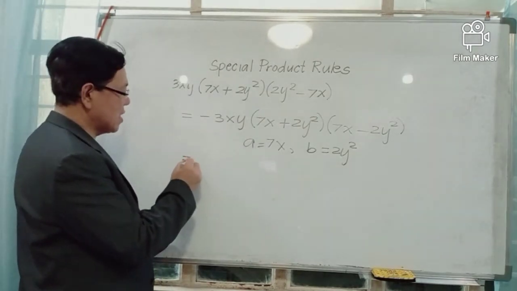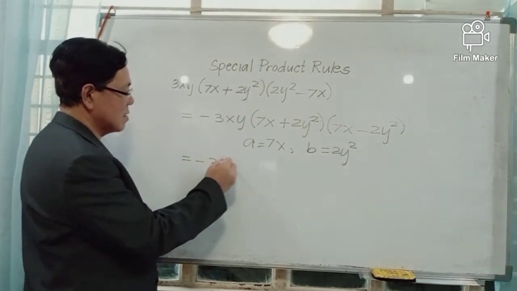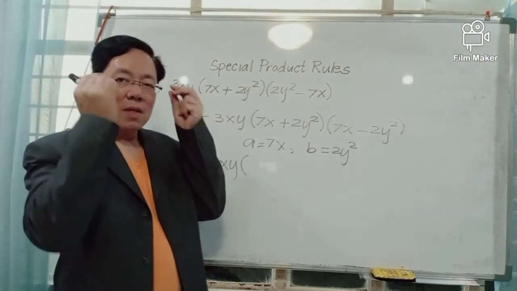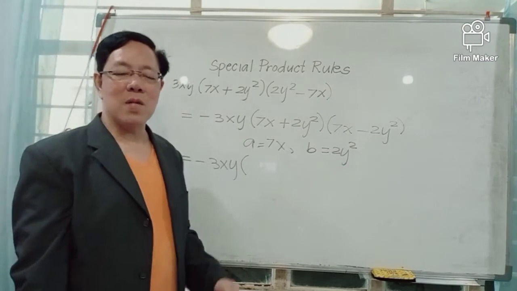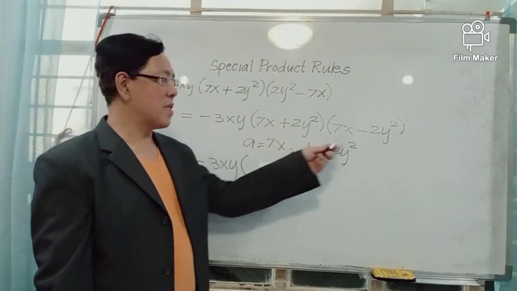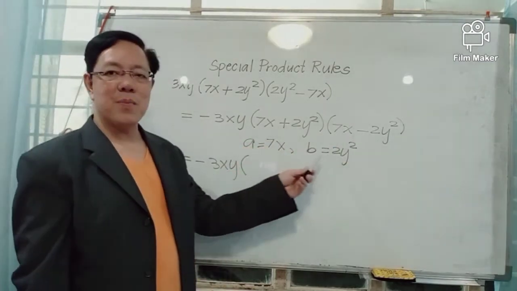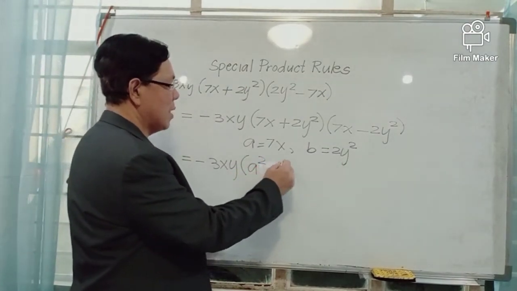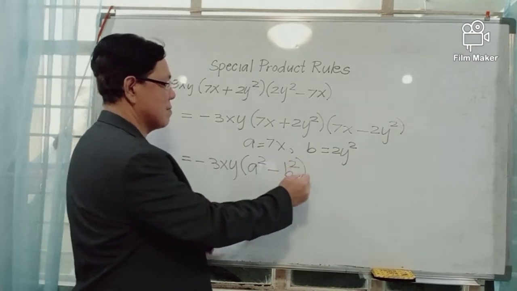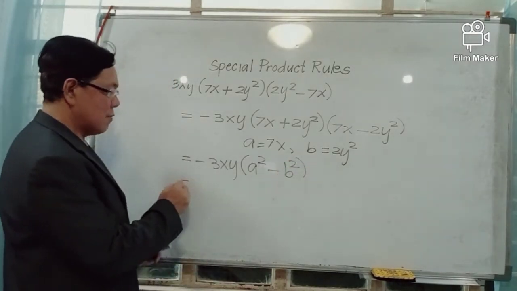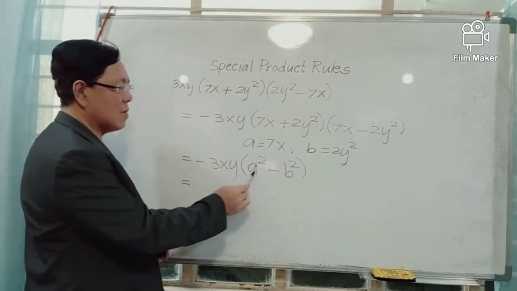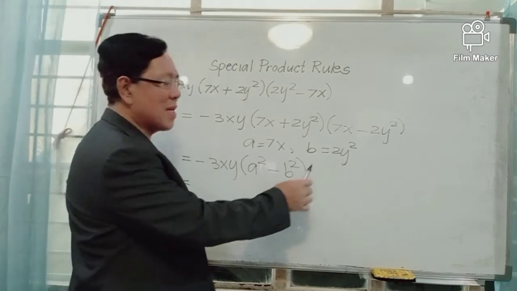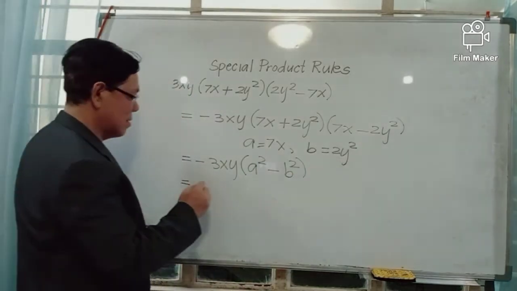We have negative 3xy multiplied by, by special product rule number 1, the product of this sum and difference using A and B is given by the square of A minus the square of B. We replace A with 7x, we replace B with 2y squared.